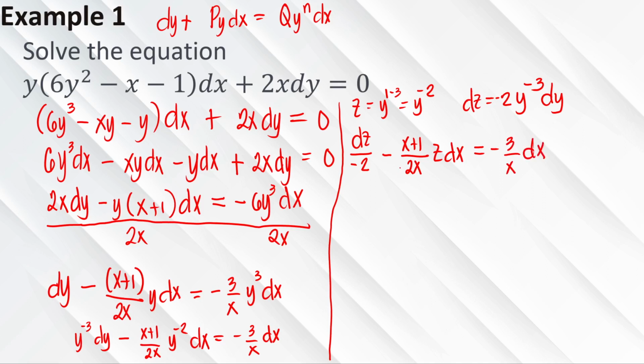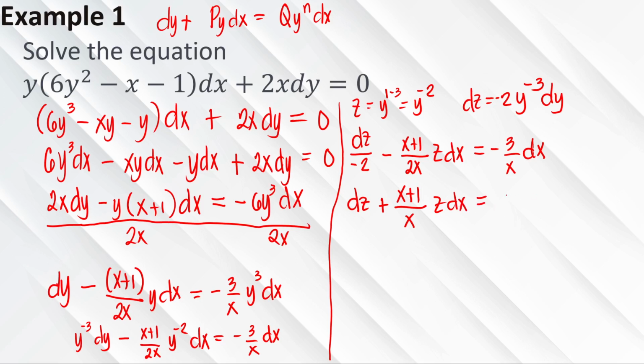And we will end up having linear in z. Pero kailangan muna natin palang ulit mag-multiply ng negative 2 para mawala yung nasa denominator niya. So, we will have dz. Pag minultiply natin ng negative 2 itong part na ito, meron siyang 2 sa ibaba, tapos may negative sign sa harapan. So, positive na siya. And then, mawawala na yung 2 sa ilalim.